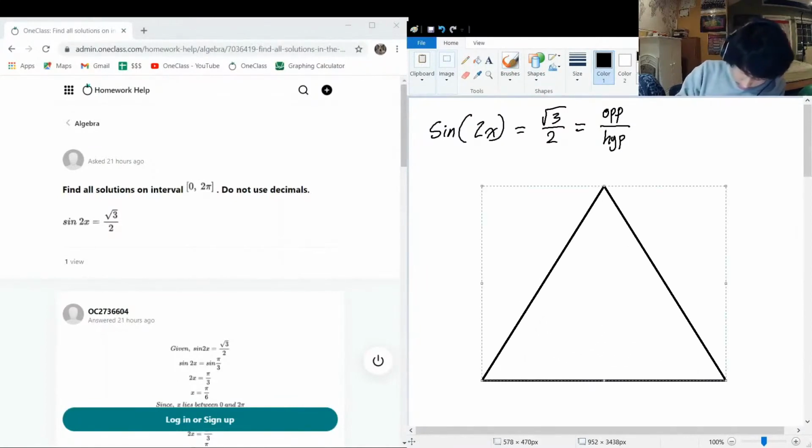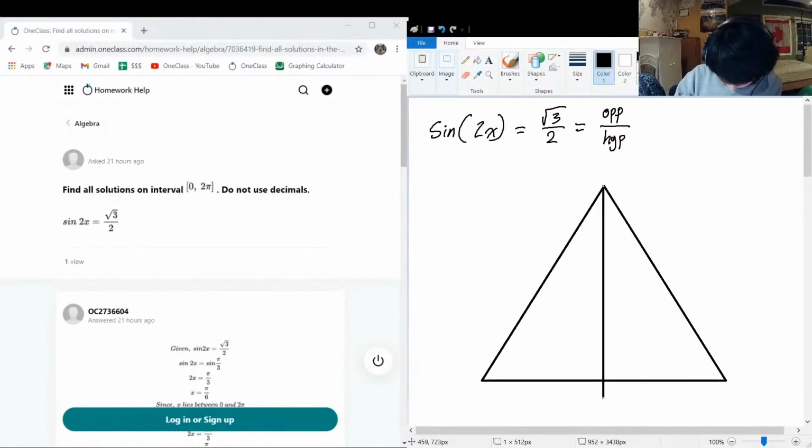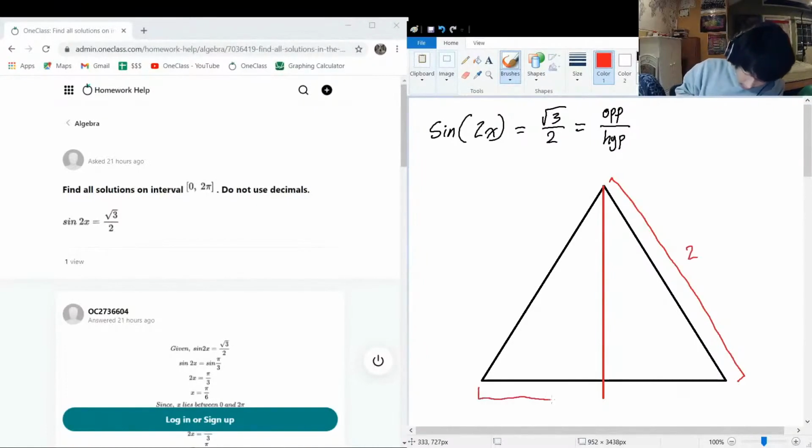Okay, and then suppose we have a vertical line going right down the middle, just like that. Now maybe I'll switch up my colors. Imagine this side length is 2. This side length is 1, but there's also this side length which is 1. It was originally 2, but since we chopped it in half, they're going to be 1 on each side.